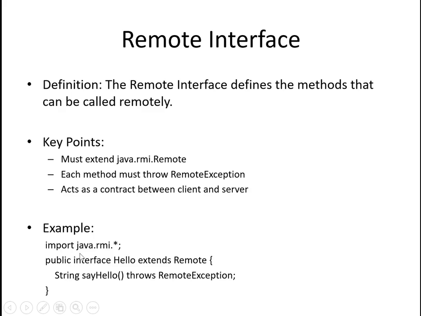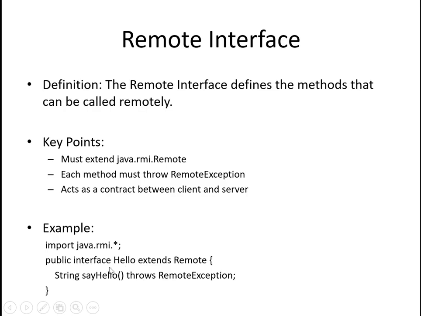Look here, in the first line I import all the packages for the RMI program, and I define one interface called Hello, which extends the Remote interface. What does Remote mean? It tells Java that this Hello interface is special and can be called from another computer.